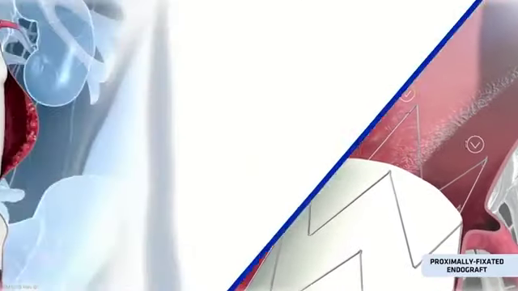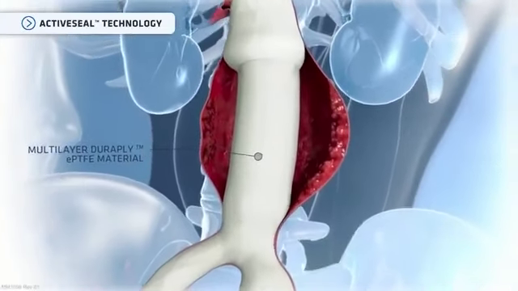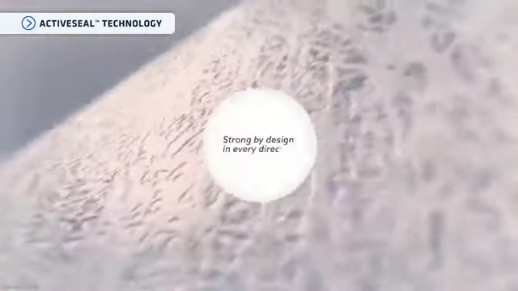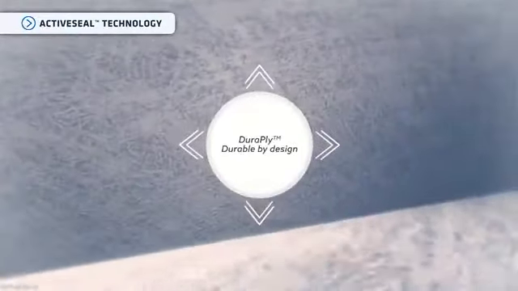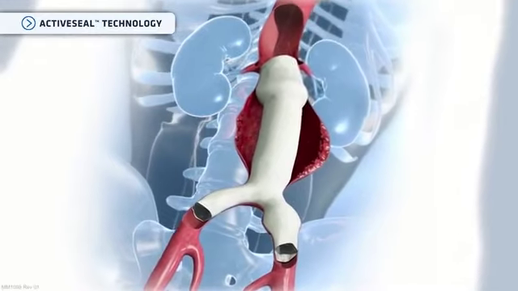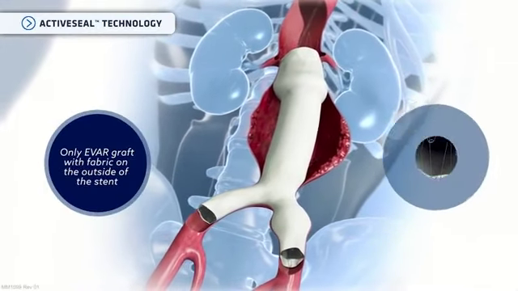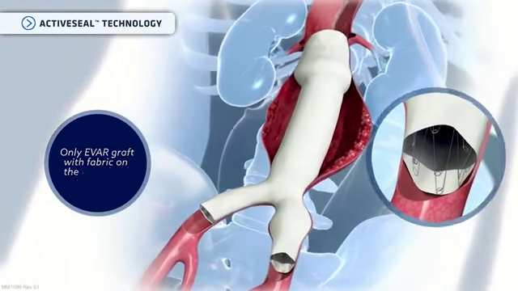Active Seal technology uses a highly conformable, multi-layer DuraPly EPTFE material designed for strength in every direction. The AFX system is the only commercially available endograft with the fabric on the outside of the stent.